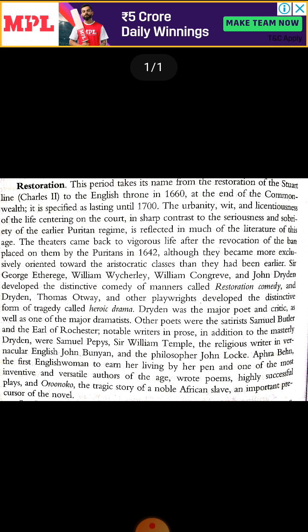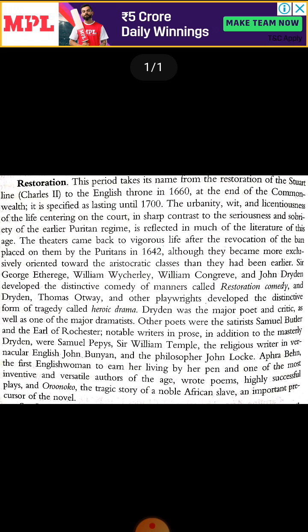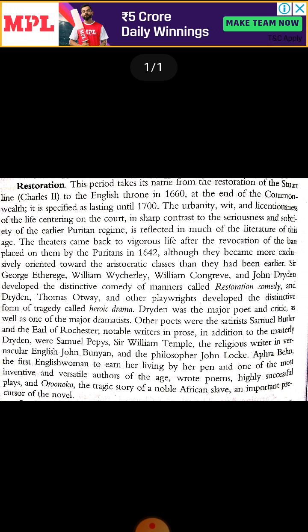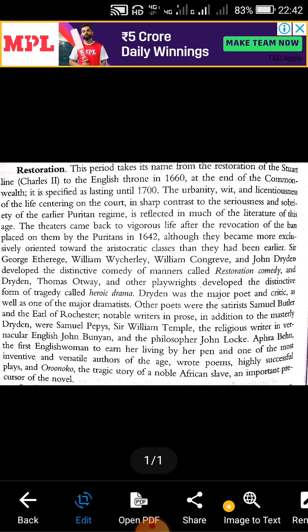When Oliver Cromwell was the ruler of England, he closed the theatres in the year of 1642, although they became more exclusively oriented towards the aristocratic classes than they had been earlier. Now, these were reopened in the age of Restoration, when Charles II was restored to the English throne.